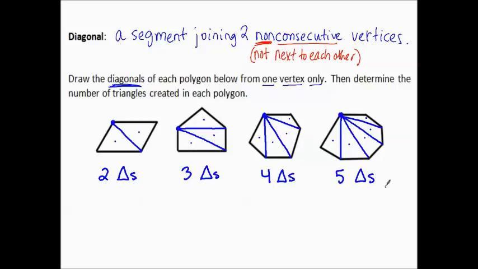Now our goal in this part of the lesson is to talk about the measures of the interior angles. We know about how many degrees a triangle's interior angles has, right? Every triangle, one triangle, its interior angles add up to 180 degrees. Let's go ahead and look at the table.